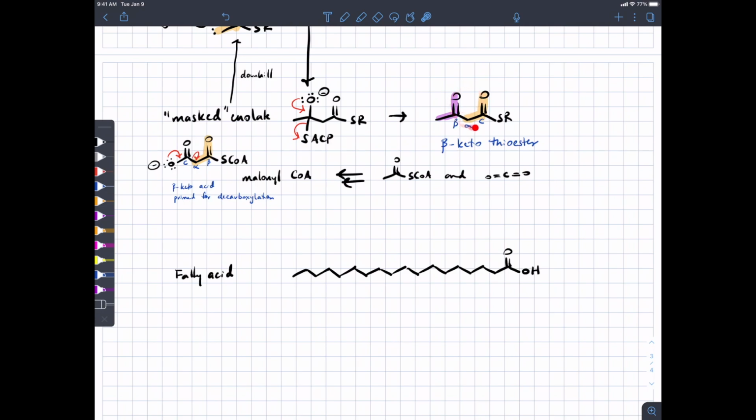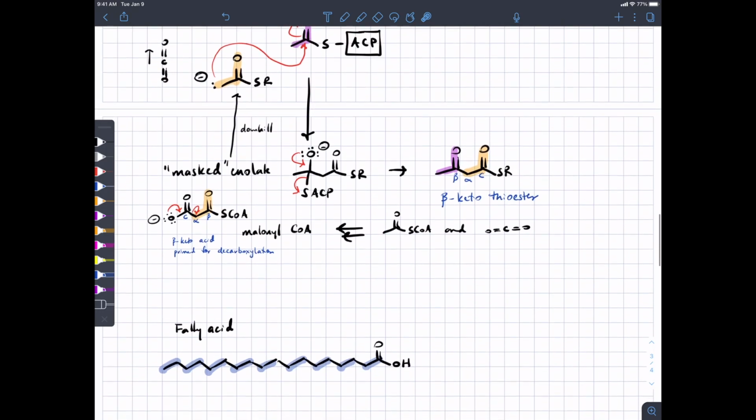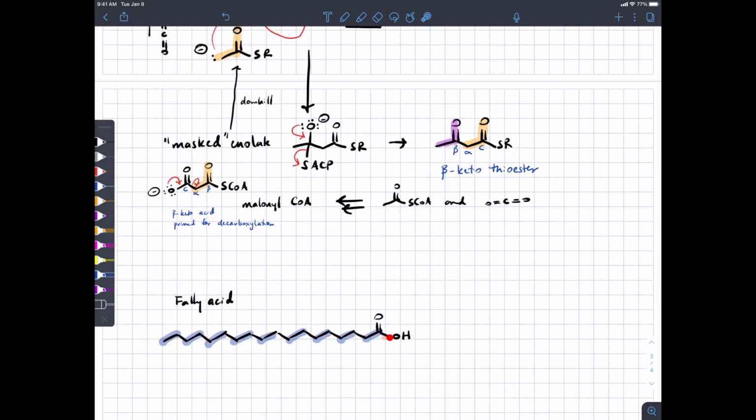So we've got a long way to go before we get from this beta keto thioester to the final fatty acid product. But notice that the number of carbons in the fatty acid product is even. That's because this fatty acid product is generated from a process that adds one 2-carbon unit to another 2-carbon unit. So fatty acids that are natural almost always have even numbers of carbons.